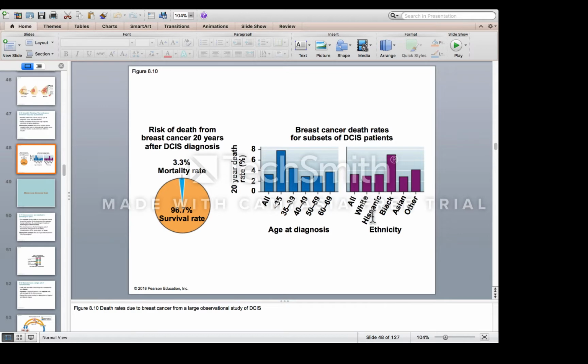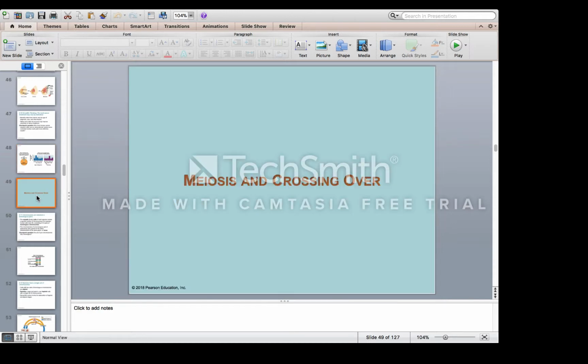Between races, breast cancer death rates, unfortunately, among African Americans, Black Americans, are higher than Asians, Hispanics, whites, and the majority of the population. This is a 2018 study done by the authors of the book.